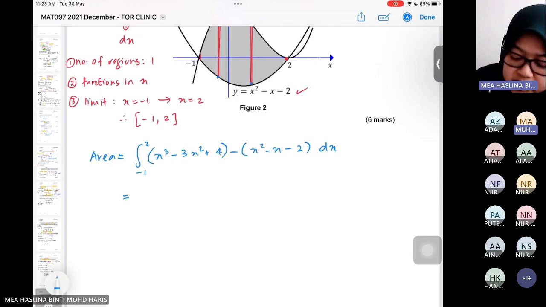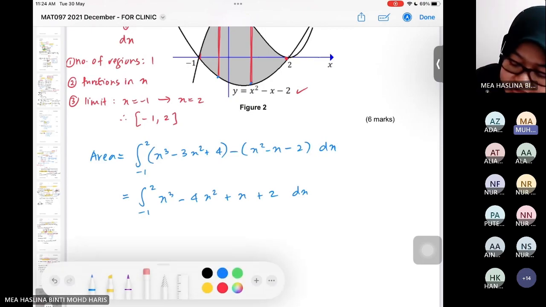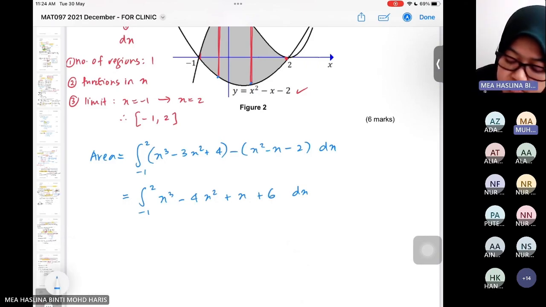It's just a simple polynomial, so simplify first. -1 to 2, x cubed minus 4x squared plus x plus 2. Simplify first, yeah? 4 plus 2, 6, sorry. x cubed minus 4x squared plus x plus 6.